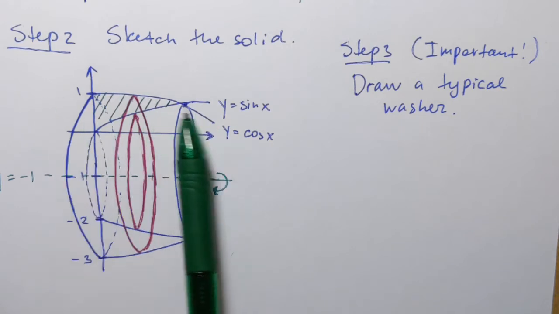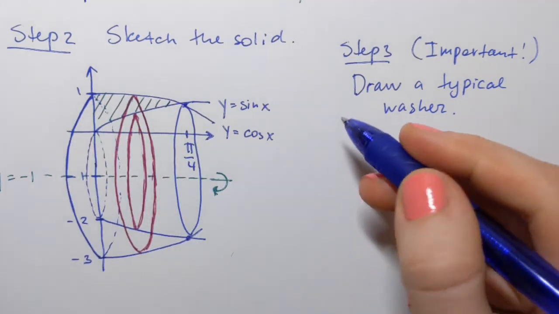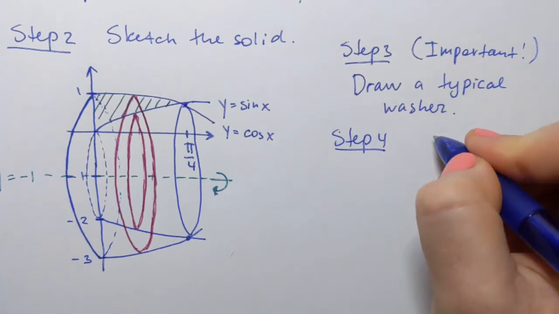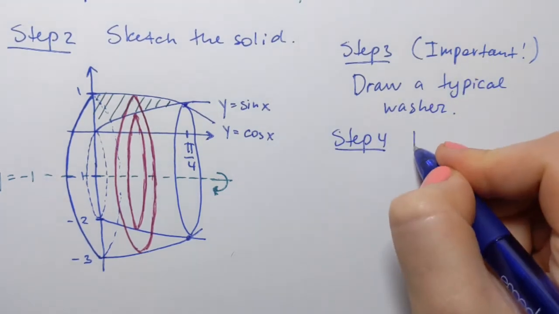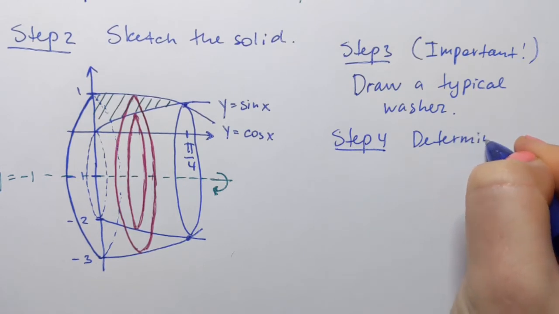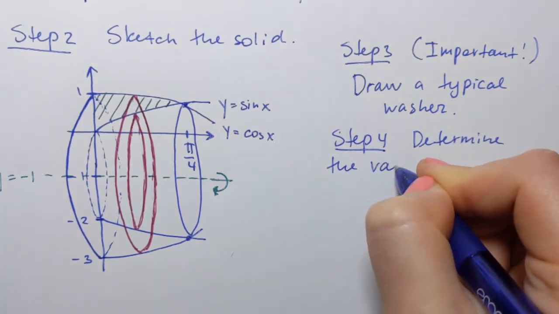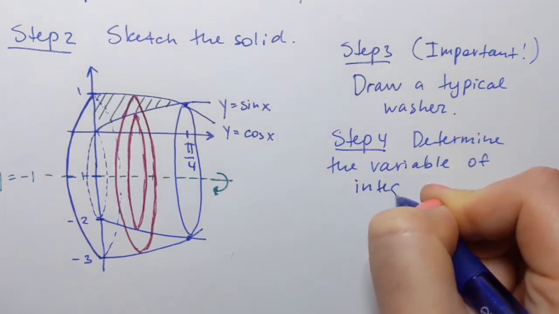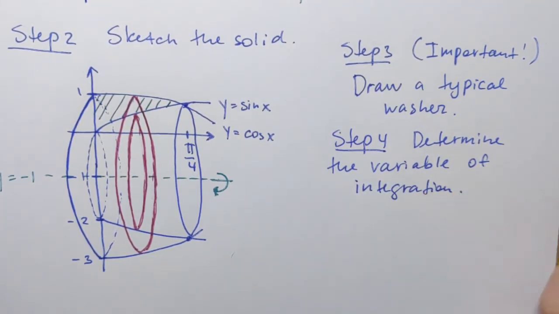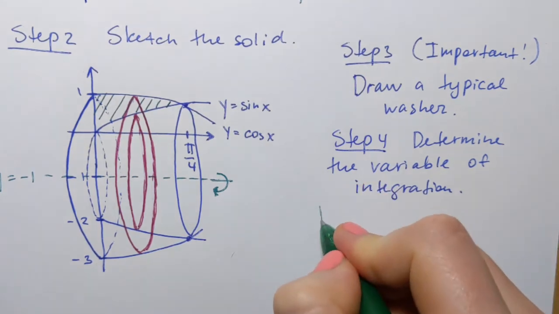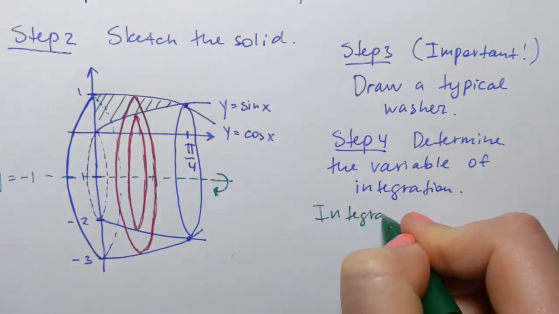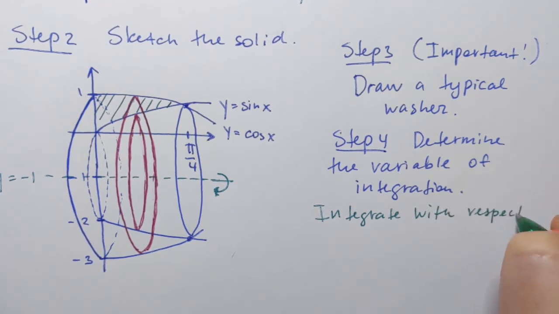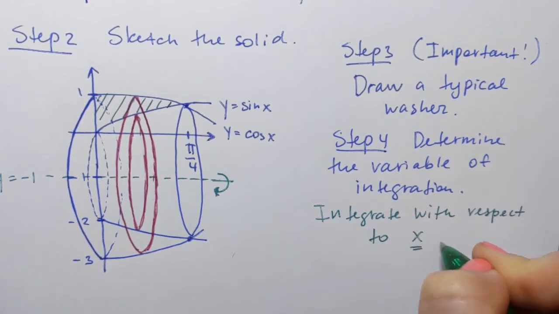That's this right-left motion. So step 4, determine the variable of integration. And we said integrate with respect to x.